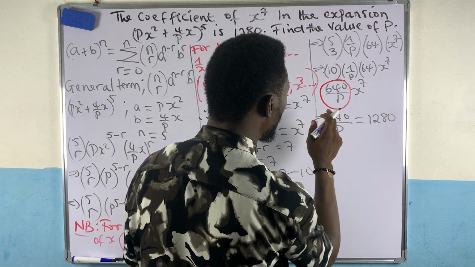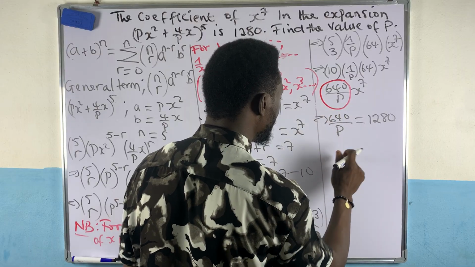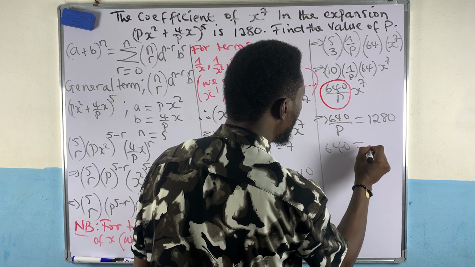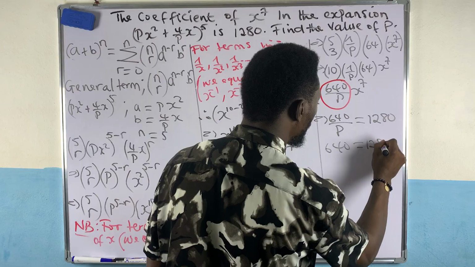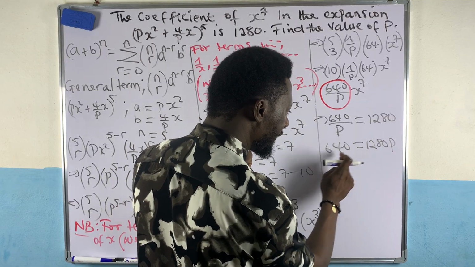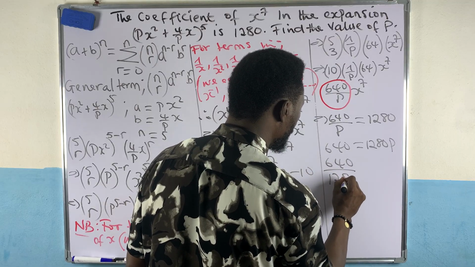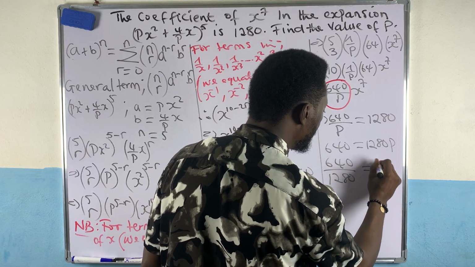From here, you see I'll multiply here by p, I multiply here by p. When I multiply here by p, p and p cancel out, I'll have 640 equal to 1280p. So I'll divide here by 1280, divide here by 1280. So I have 640 on 1280 should be equal to p.